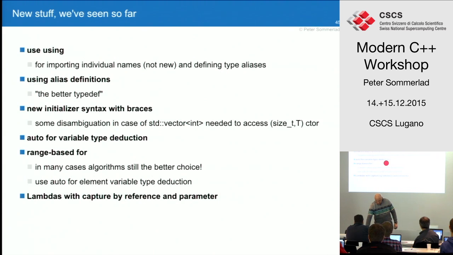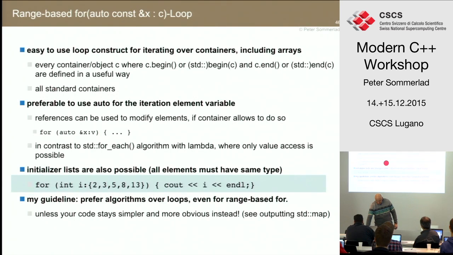Okay, we've seen a lot of things. And one last thing I've already referred to: you can use initializer lists. This has to be homogeneous values as the right-hand side of a range for. So if you have a few values you just want to do something with, you can write a range for with just those few values.